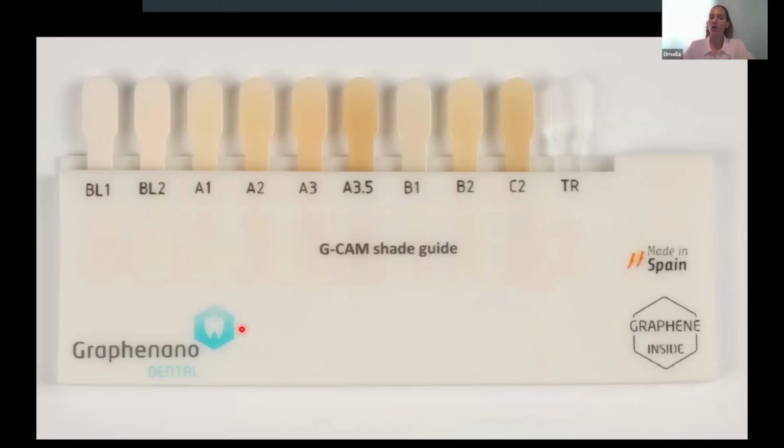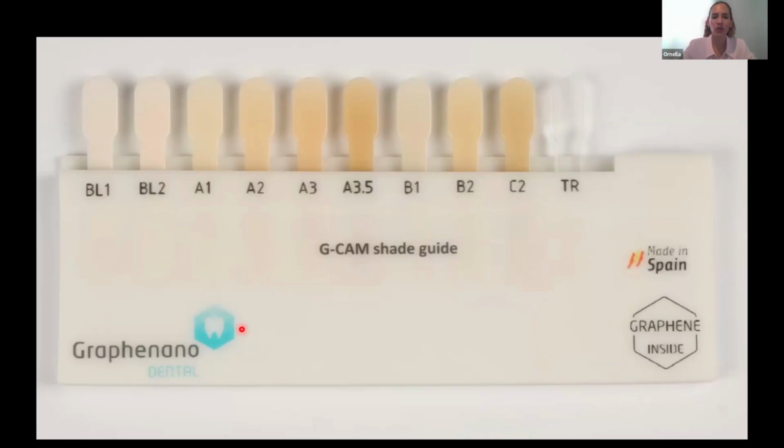Why do we have our own shade guide? Because it is similar to the Vita guide, but also a lot of customers use graphene as an antagonist of zirconia, okay? So if you want to match the color perfectly with your zirconia or with other products that you work with, it's going to be best to work with the shade guide because you are going to match better the color that you are looking for.